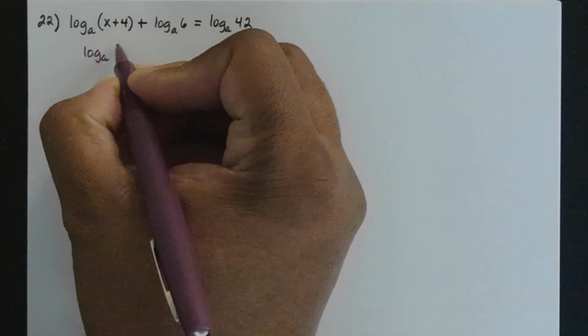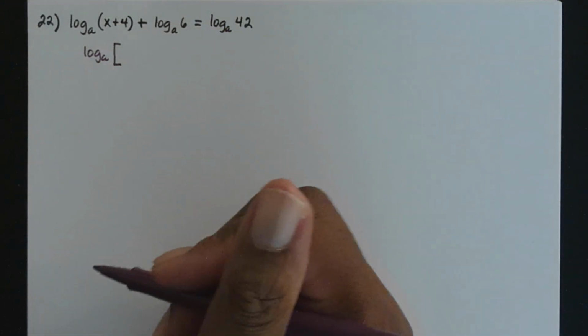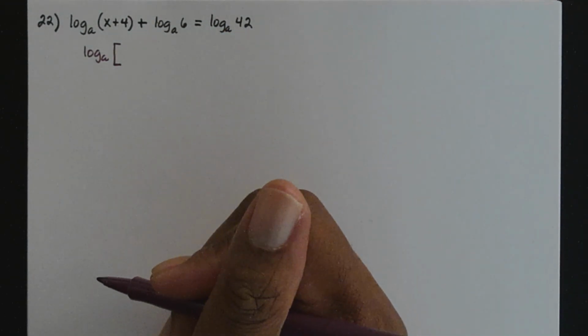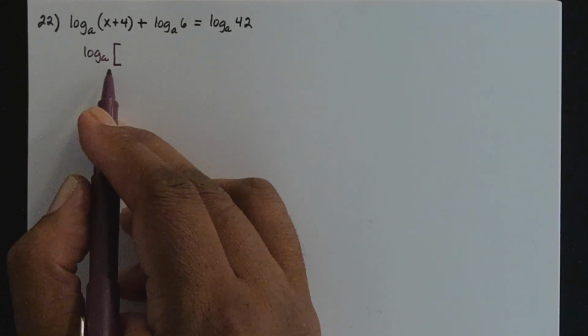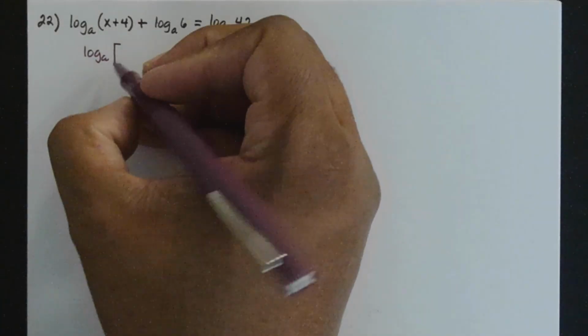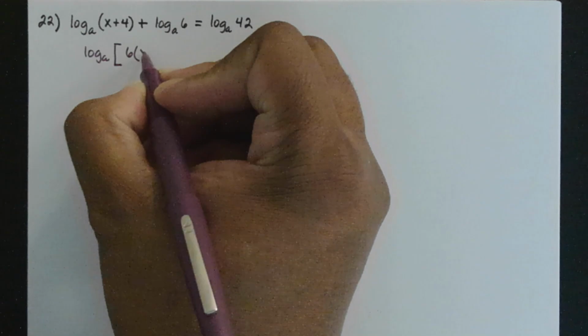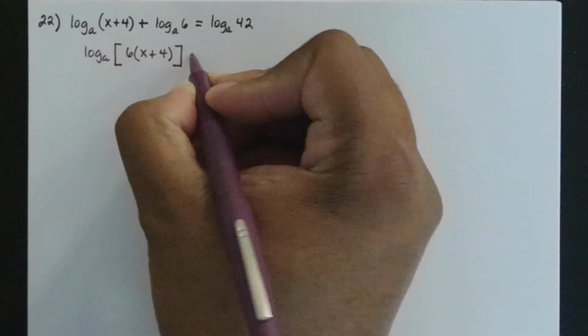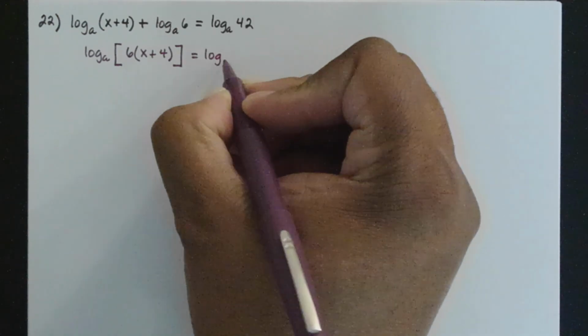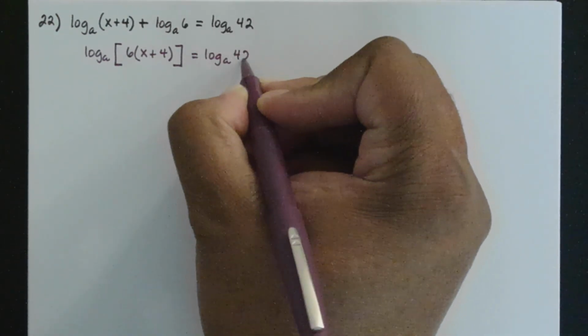Well, here I have the sum of the individual logarithms. That can be condensed by using the product rule. So I can write this as a log of the product. So this will be log to the base a of, and what I'm going to do is put the 6 in front of the x plus 4, so it'll be 6 times the quantity x plus 4. And then that's equal to log to the base a of 42.